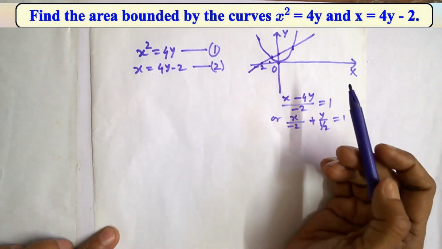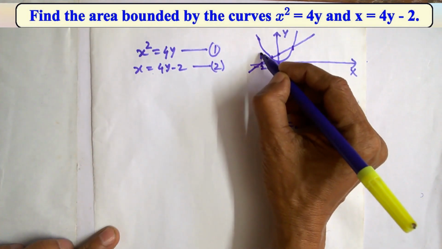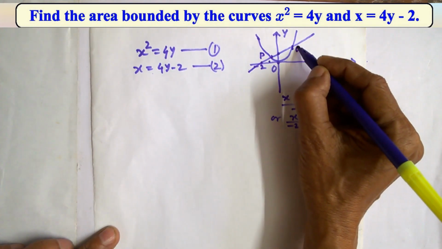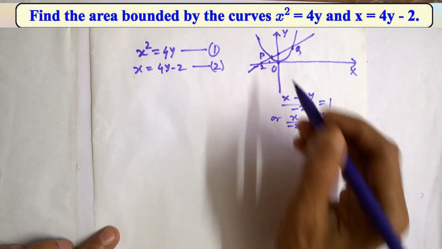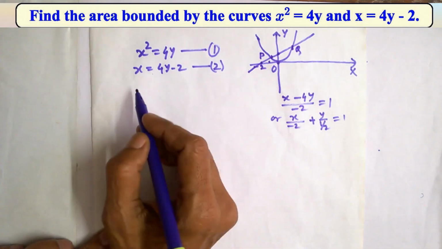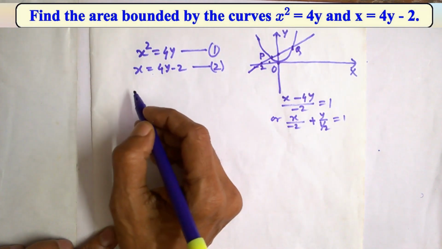To find these 2 points, let us name them P and Q. Solve 1 and 2.